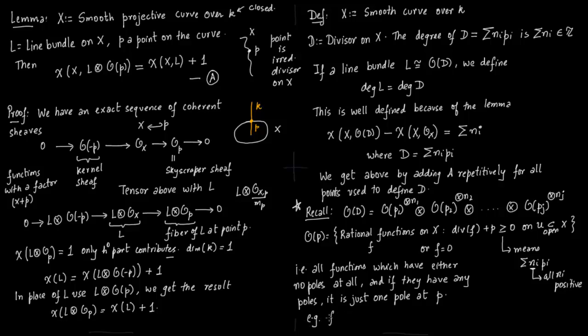And if they have a pole, that pole can have order at most 1, because then we will have -1 times P, and this -1 plus P will cancel out to get 0.